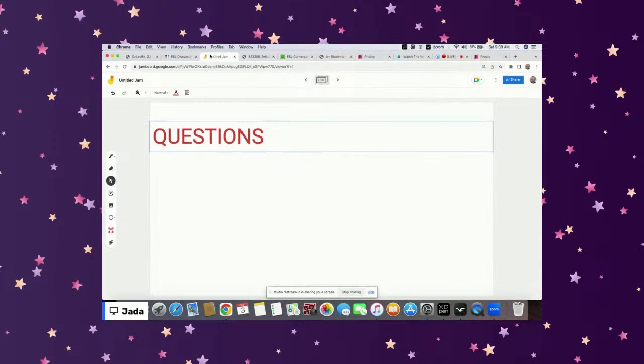So the verb is the action performed by a noun. Let's say you have a sentence and you have a verb in the sentence. For example, Jane is walking back home, or Jane is taking a walk back home.